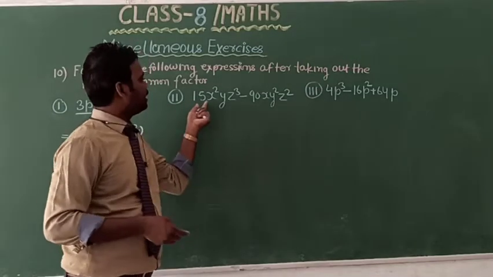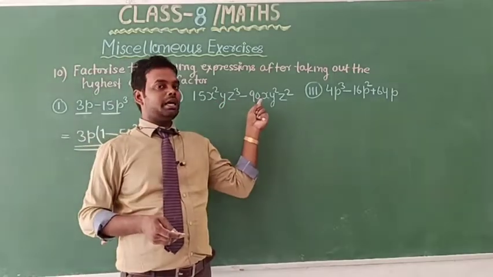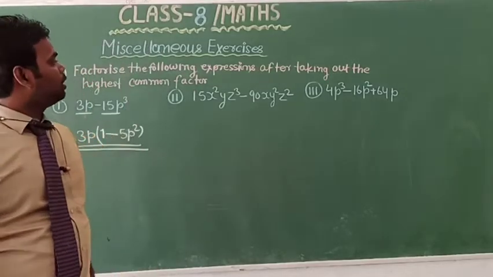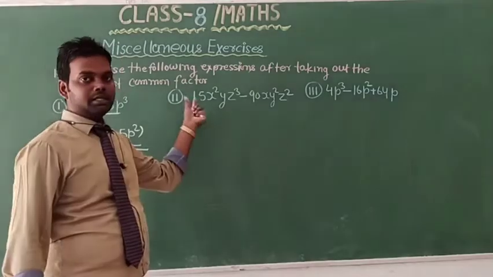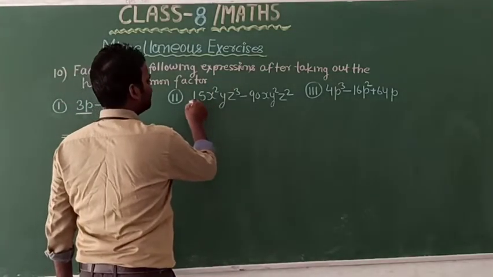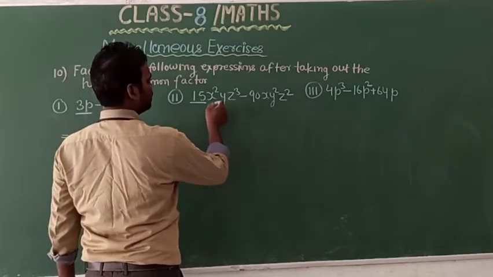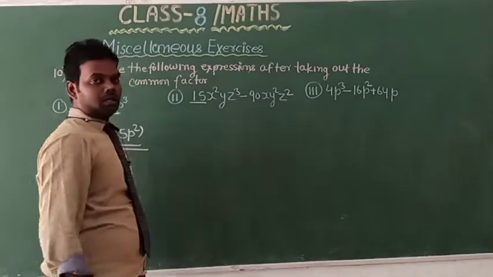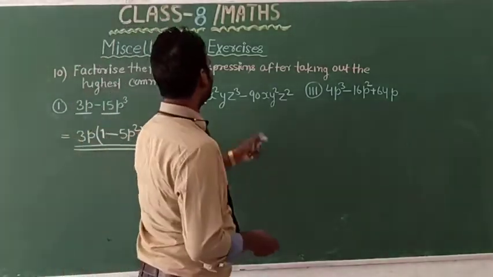This is 15x square y z to the power 3 minus 90x y square z to the power 2. Now if you observe clearly, we will find 15, and 1 x, 1 y and 2 z's as common in these two terms.